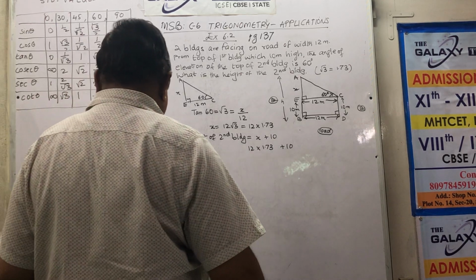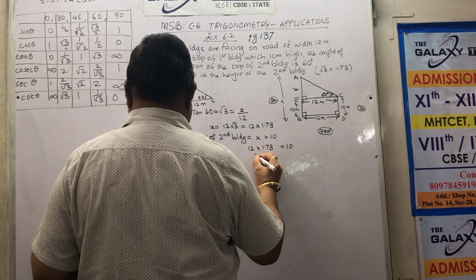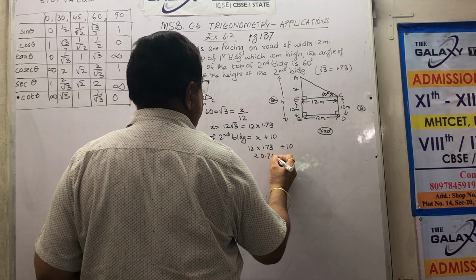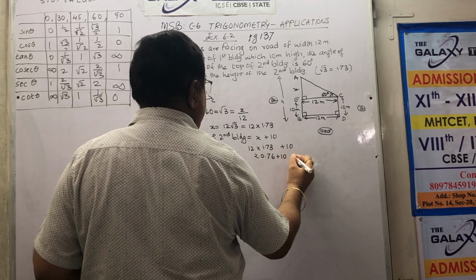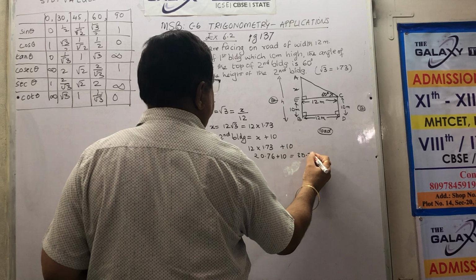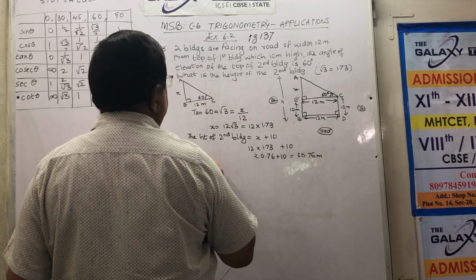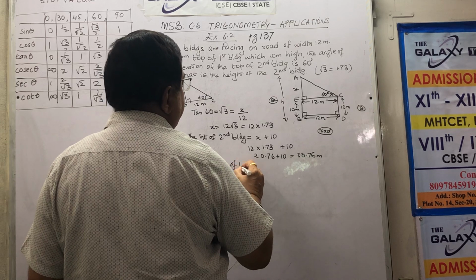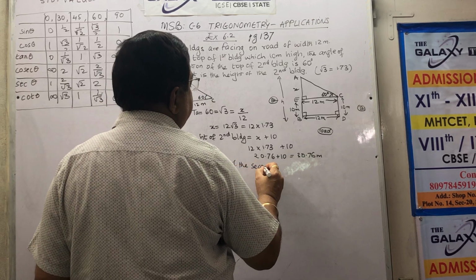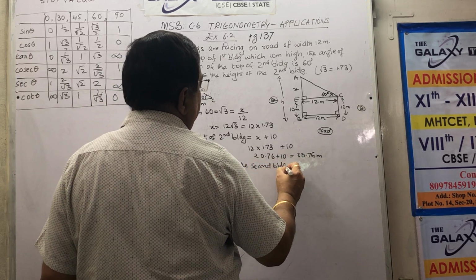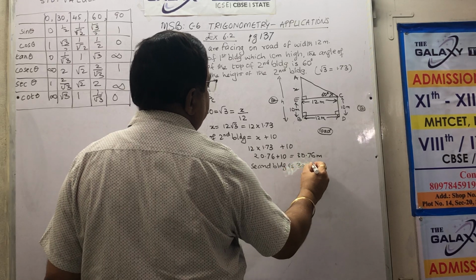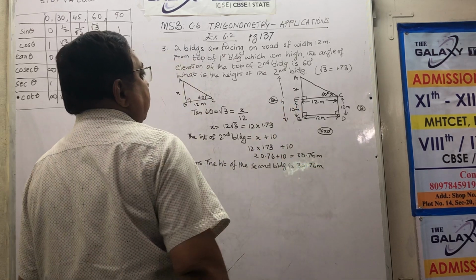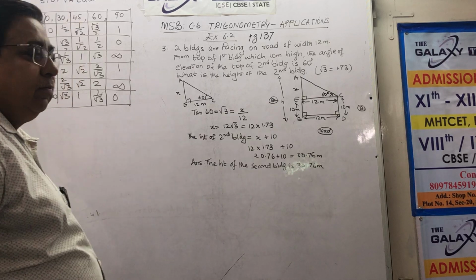When I multiply first, I will get 20.76. I will add 10. I will get 30.76 meters. Answer: the height of the second building is 30.76 meters. This is how you have to solve the sum.